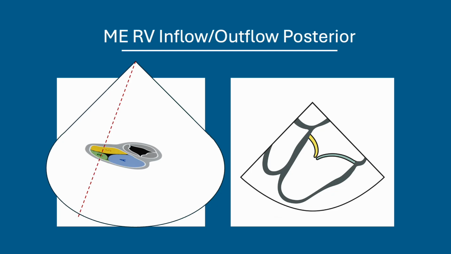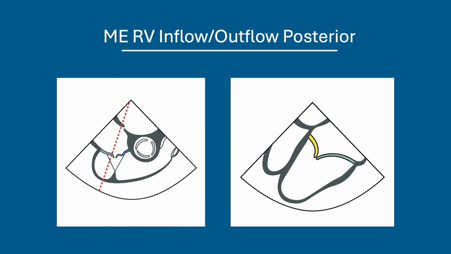Now that we understand the relationship of the posterior leaflet of the tricuspid valve to the septal leaflet in the RV inflow view, we can represent it in the orthogonal view using the multi-D feature on the GE Vivid E95 platform.